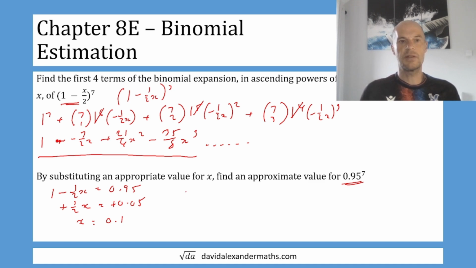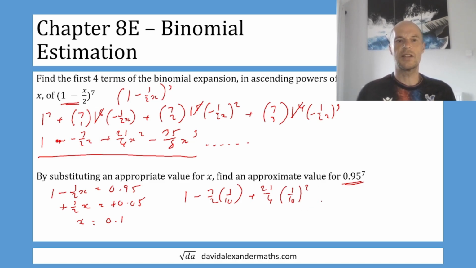So what I'm going to type in is 1 minus 7 over 2 times 0.1 plus 21 over 4 times 0.1 squared minus 35 over 8 times 0.1 cubed. I'm more likely to type it in as 0.1 on my calculator, it's a lot easier.